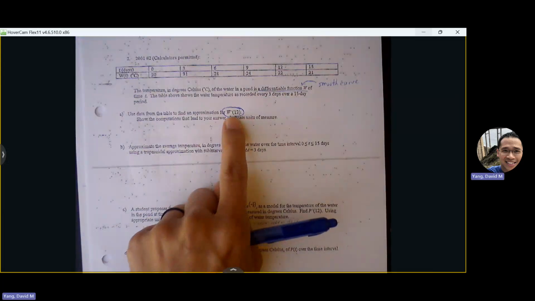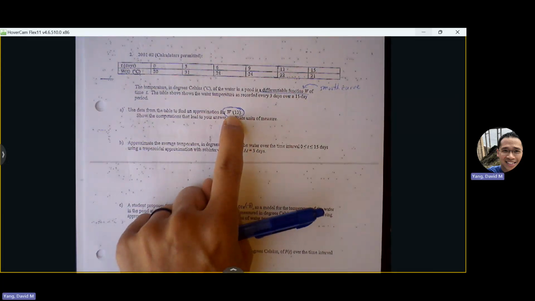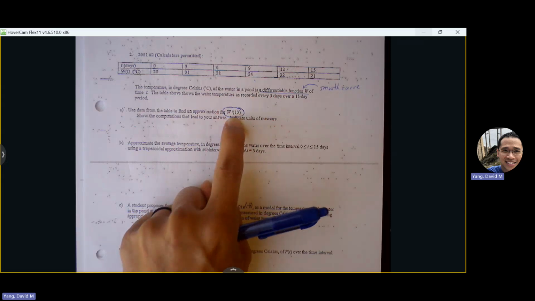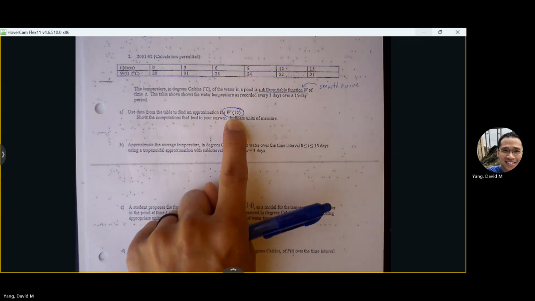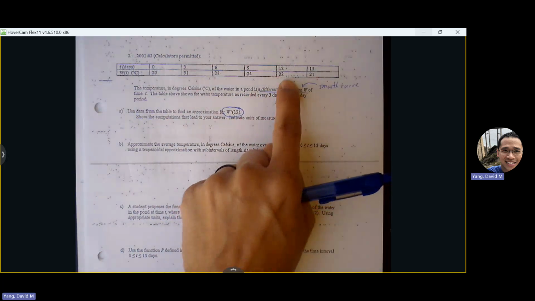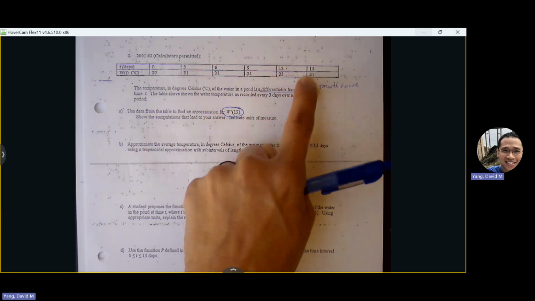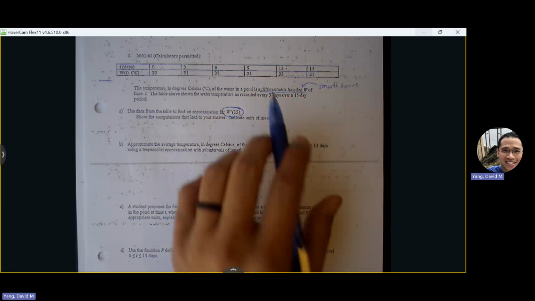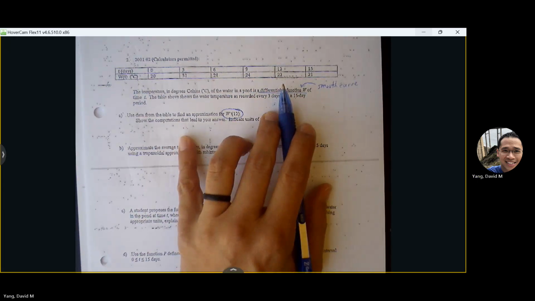So this is a derivative notation, but what's the algebra version of derivative? Slope, right? So basically, it's asking what is the rate of change, or what is the slope around 12? And what information do we need if we want to find slope? 2 points, right? So what 2 points could we choose?